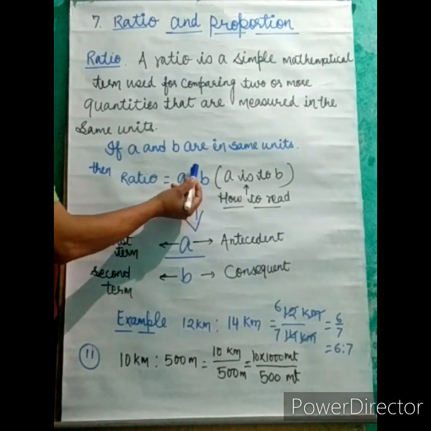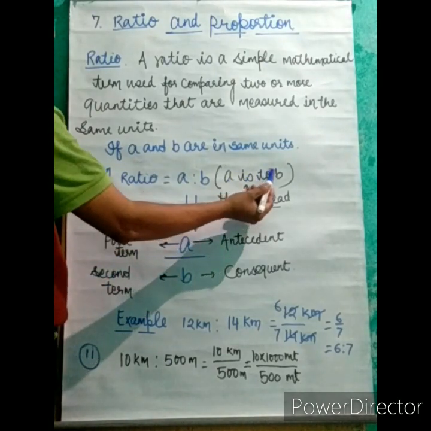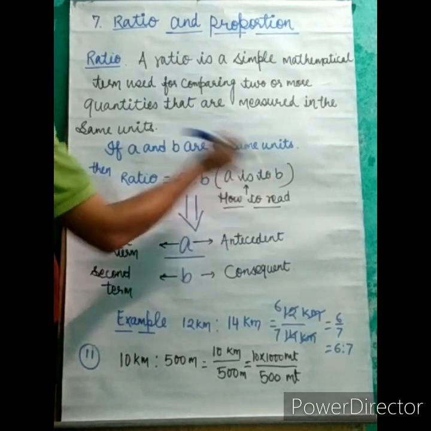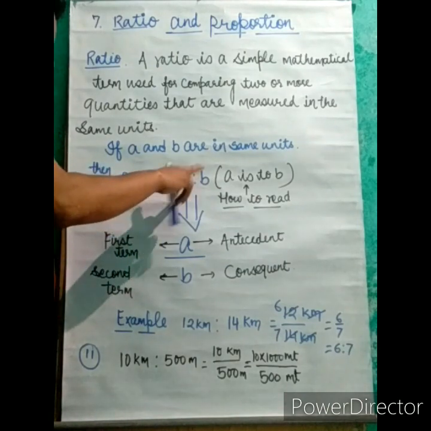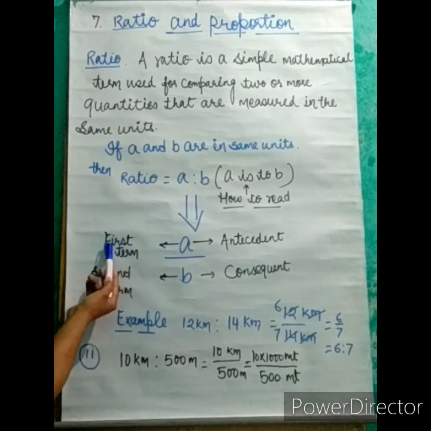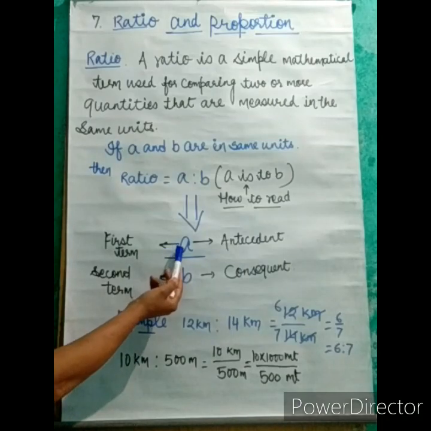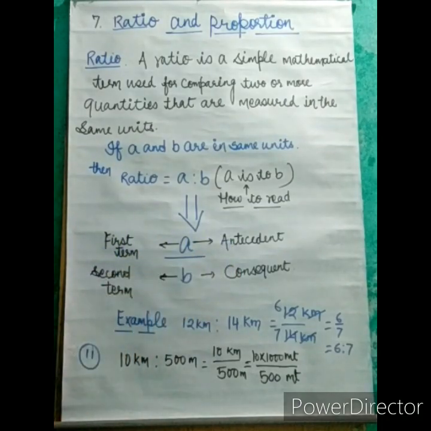We will write A 2 dots B, which we read as A is to B. Now let's see this ratio A is to B. We can write A over B, where this A is called the first term, or antecedent, and this B we call the second term, or consequent.